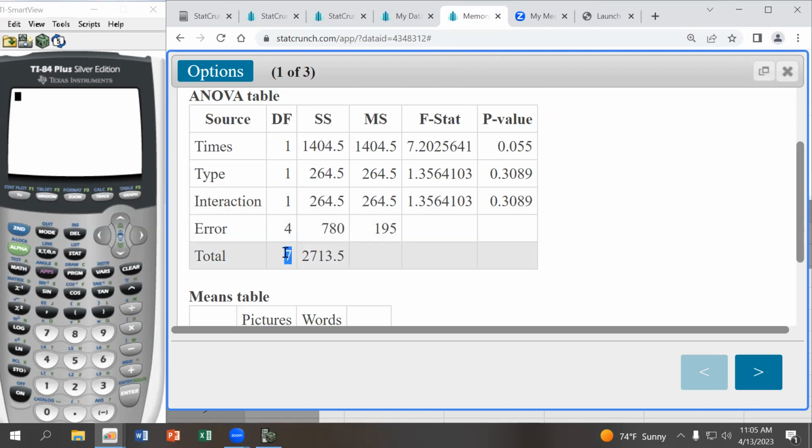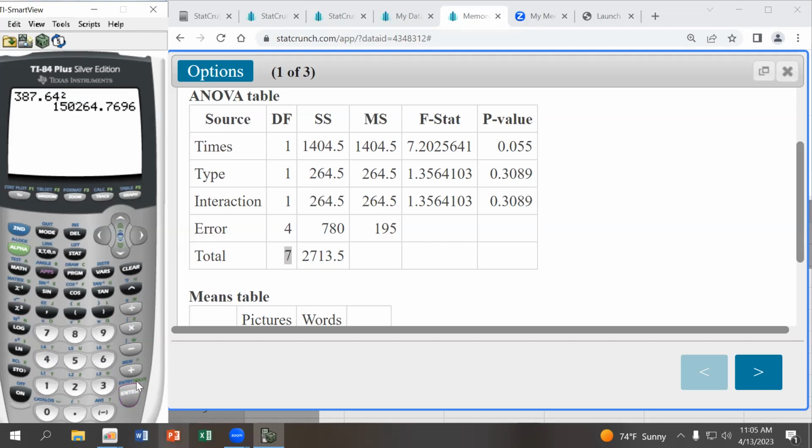Once you find that variance, 19.886 squared, I get 387.64 squared. Good. 387 is after squaring. 19.886 is just another deviation. Square it to get the variance, multiply by that 7.